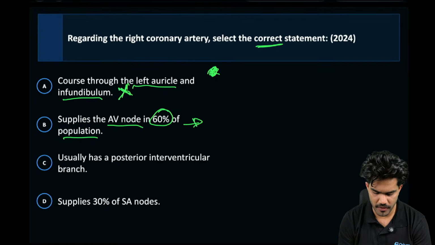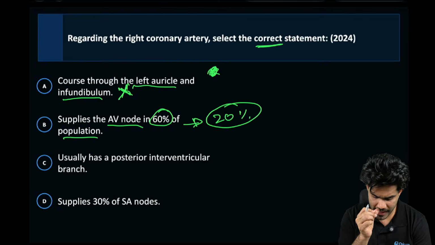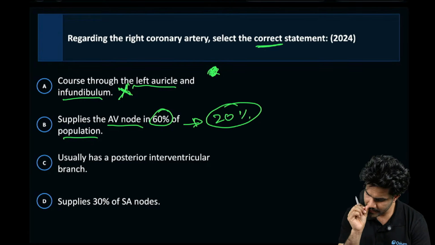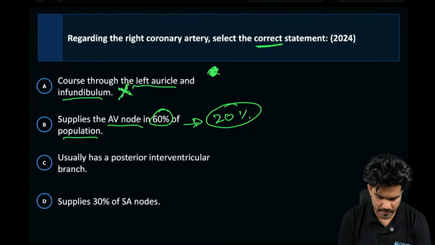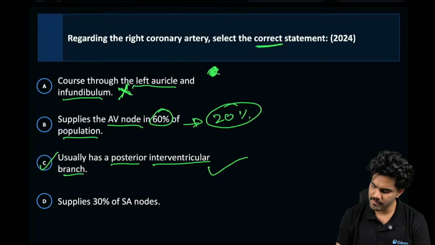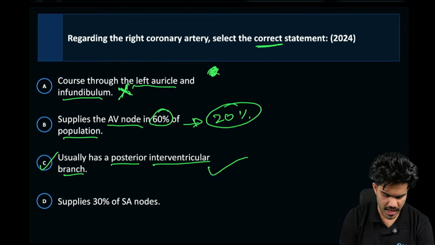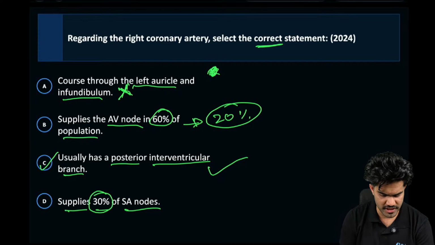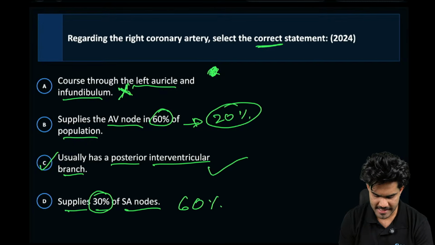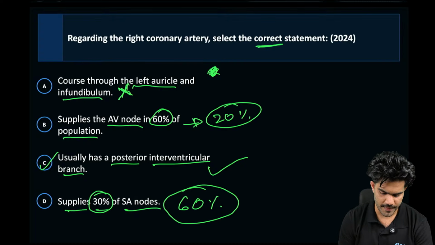It will supply only 20% of the population. Usually has a posterior interventricular branch. Yes, we have the posterior interventricular branch. Supplies 30% of SA node. No. Supplies how many percentage of SA node? 60% of SA node.